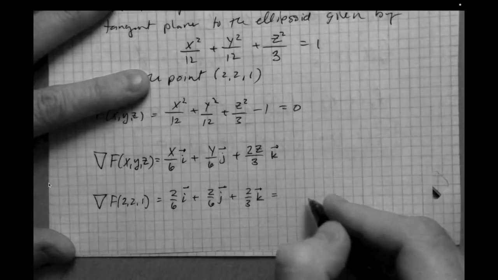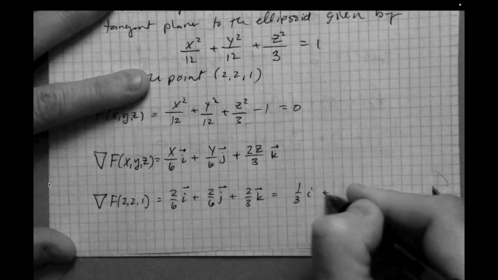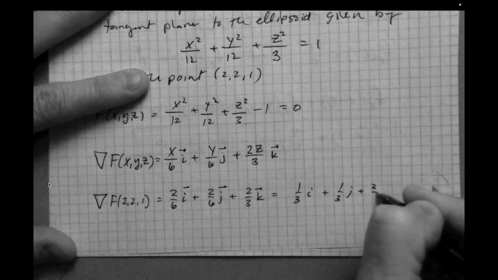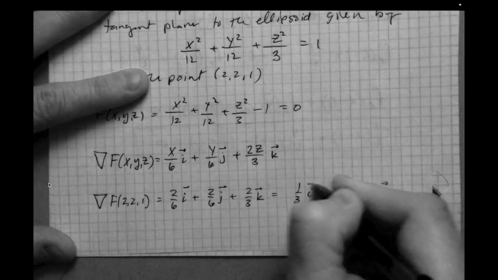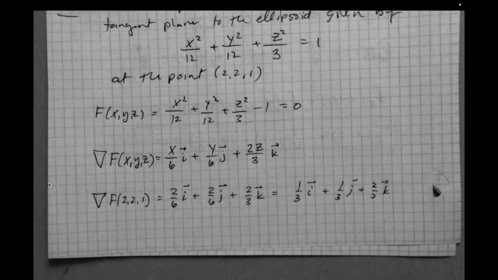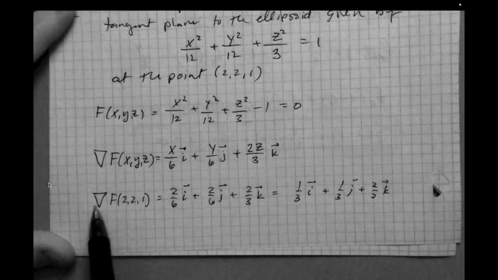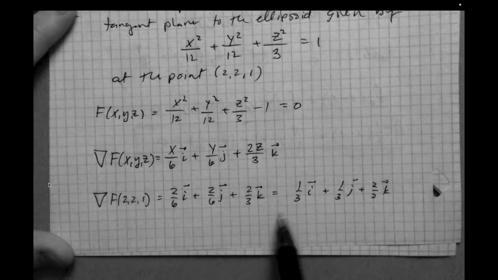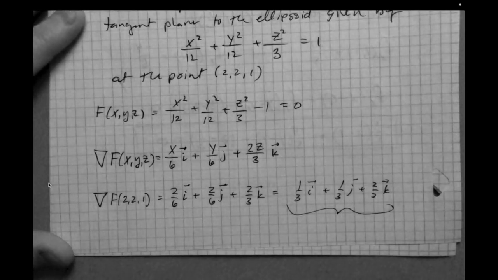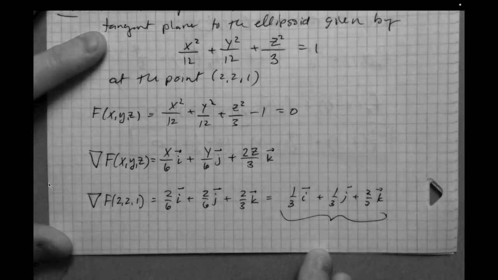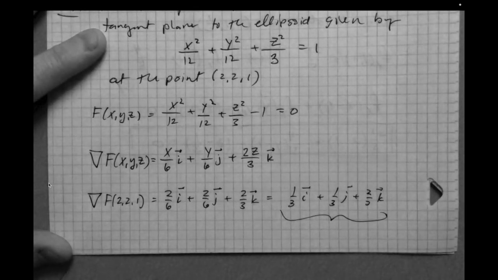Okay, and I guess we could simplify this to 1/3 i plus 1/3 j plus 2/3 k. Okay, so this is the gradient vector, right? And so at this point, the gradient evaluated at 2, 2, 1, specifically this vector, is going to be normal to the tangent plane.